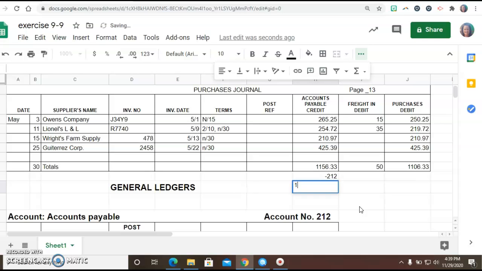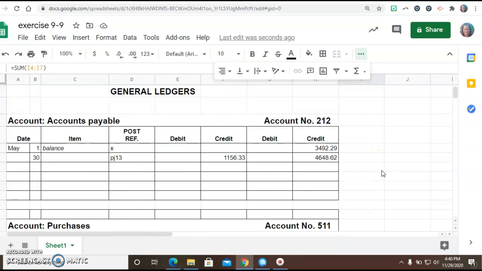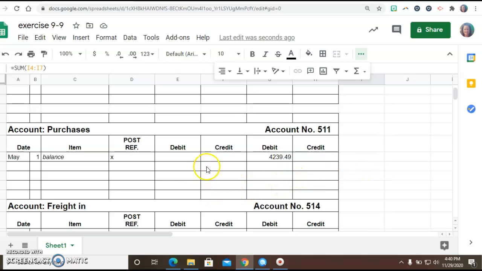A little bit different. Shoot, it shouldn't give that negative there. Let's see what I can do here. All right, just about done here. We're going to go to our freight in. We're going to put our 50 in as a debit. Okay, so again, we're on the 30th.